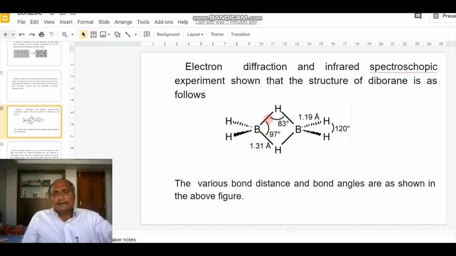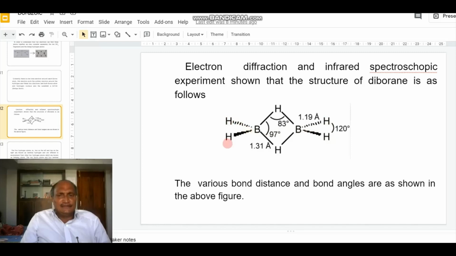The bond angle at the bridging hydrogen atom is 83 degrees, whereas the bond distance between boron and terminal hydrogen is 1.19 Angstrom, and the bond distance between boron and bridging hydrogen atom is 1.31 Angstrom units.